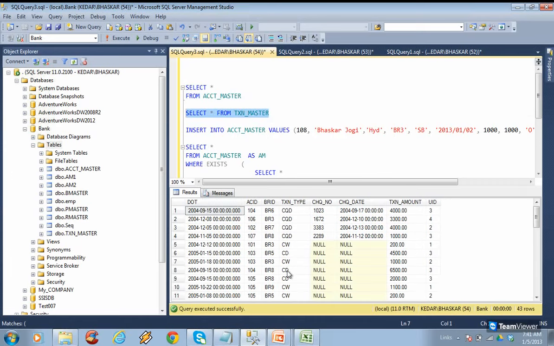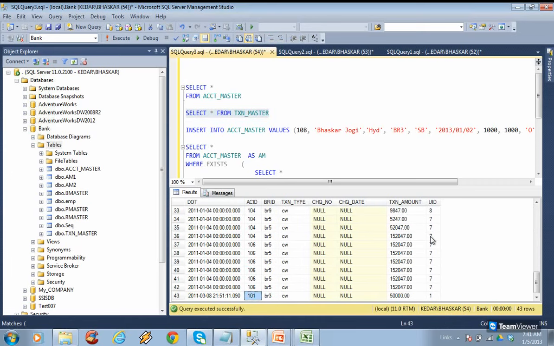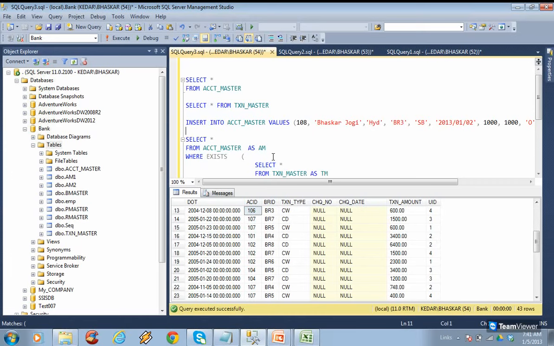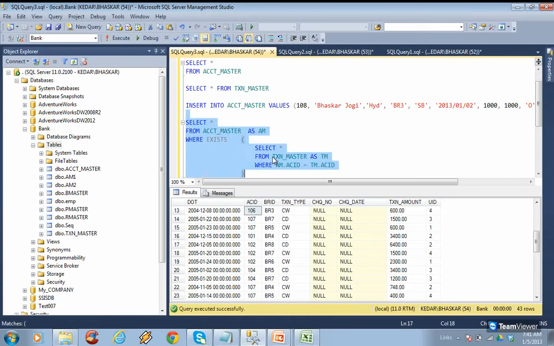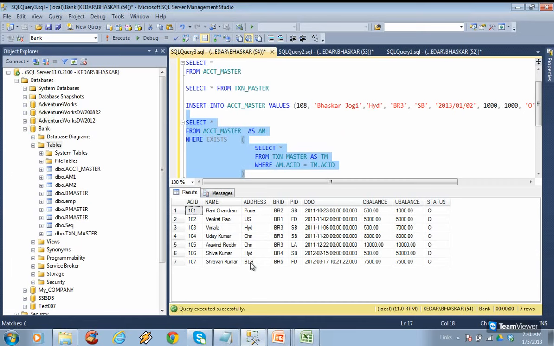I have opened the account, but you will not find 108 anywhere. Now who have done the transactions, let us understand: Bhaskar will not come here. Did you get Bhaskar now? 108.